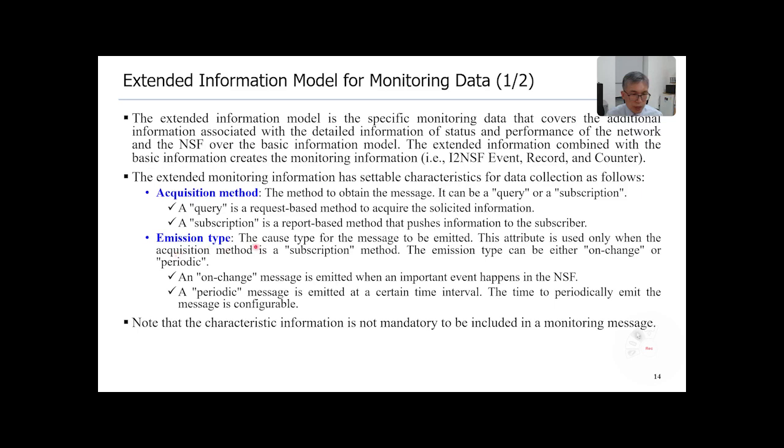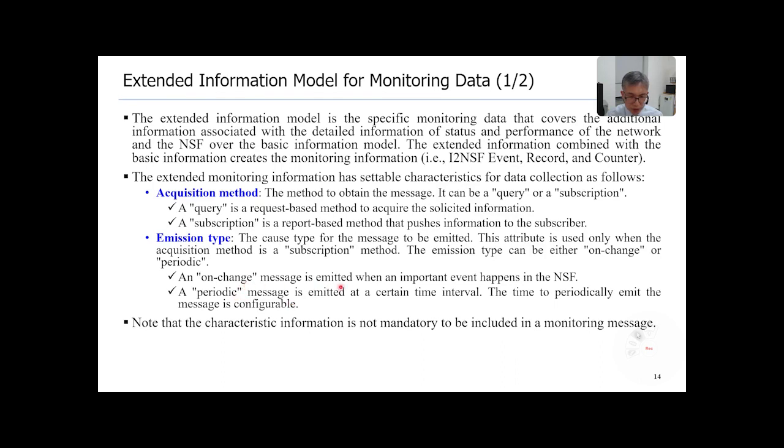And the emission type is the cause type for the message to be emitted. This attribute is used only when the acquisition method is the subscription method. So we have two types: one is an on-change message, the other is a periodic message.